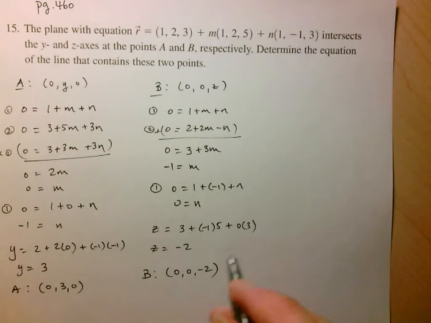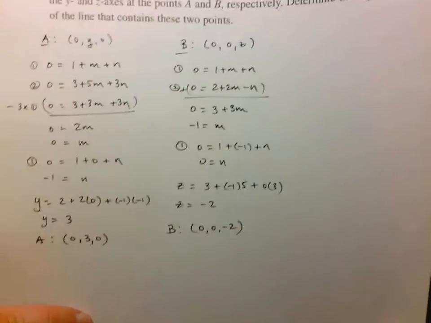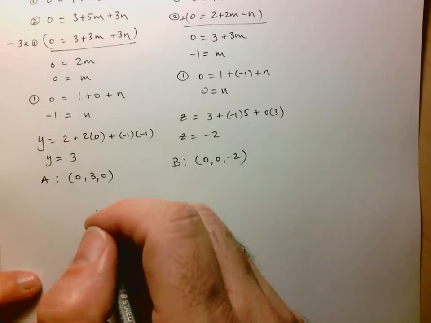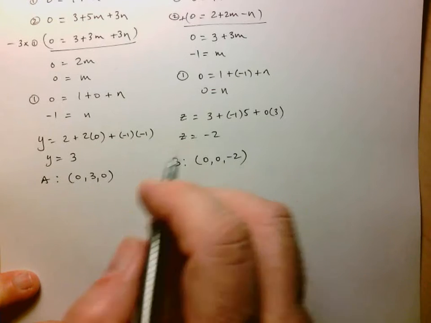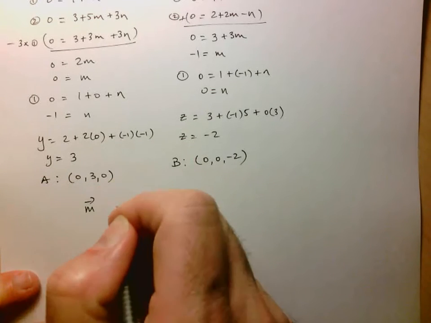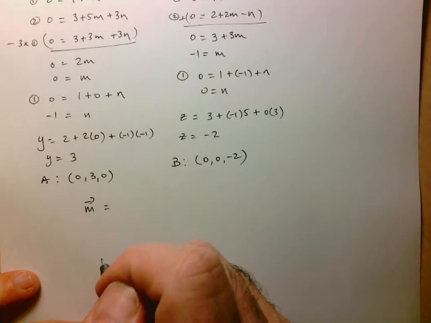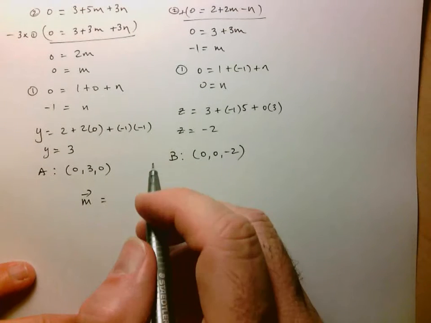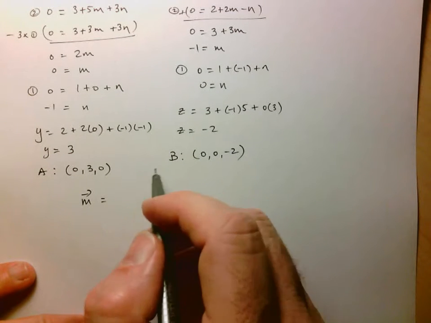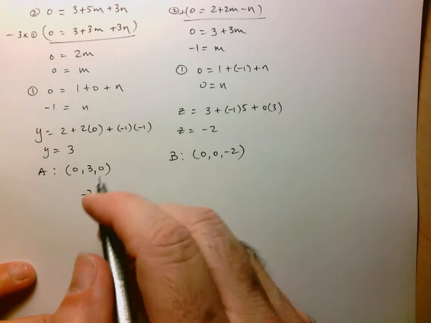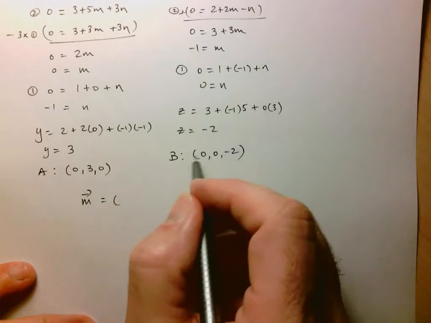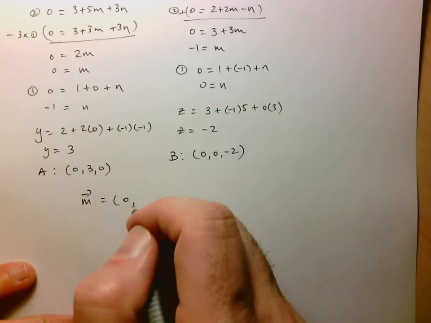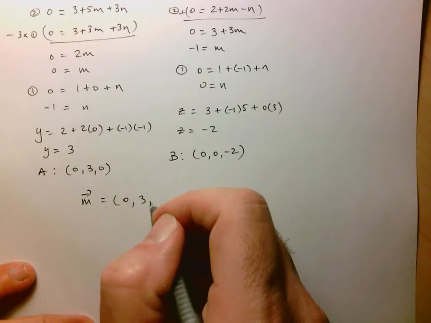So now I've got 2 points, and from here it's pretty straightforward because we just join these with a vector to find our direction vector. I'll go from B to A so that we get everything positive. So here we've got 0 minus 0 is 0, 3 minus 0 is 3, and 0 minus negative 2 is 2.